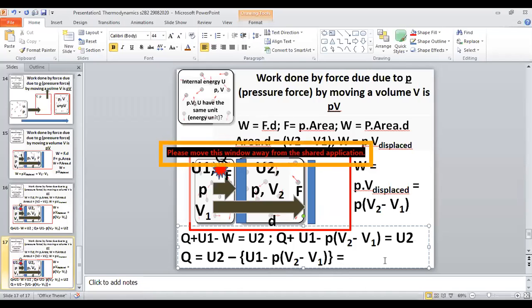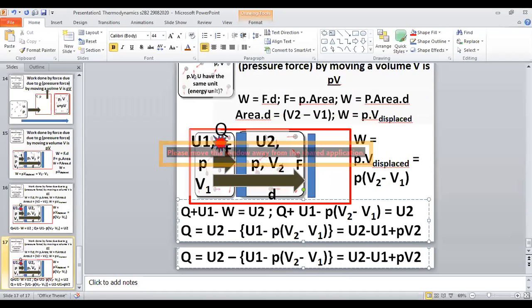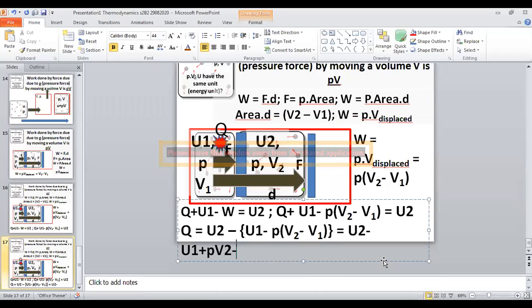So this is U2 minus U1 plus P(V2 minus V1).